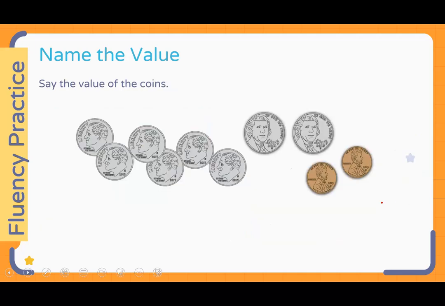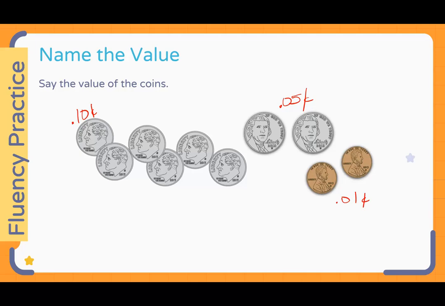Okay, I want you to count these without writing anything down. Okay, we know these are dimes. They're worth 10 cents. We know these are nickels. They're worth 5 cents. These are pennies. They're worth 1 cent.